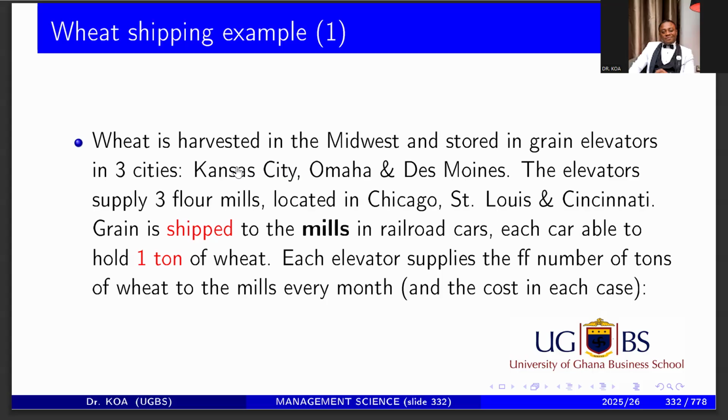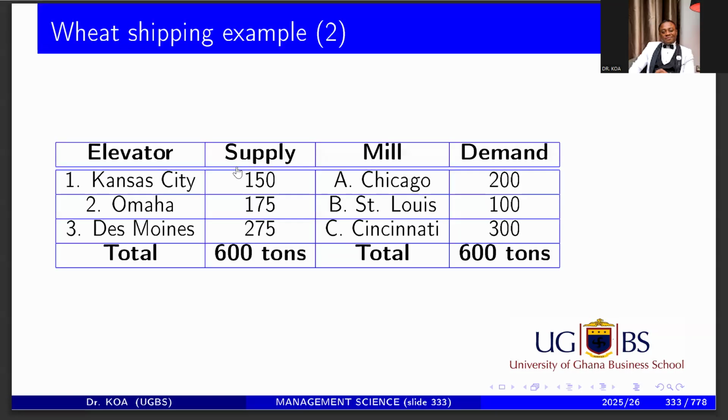Each of them can carry 1 ton of wheat. The elevators supply the following tons of wheat to the mills every month at a specific cost. So Kansas City supplies 150, but this 150 will go to Chicago, St. Louis, or Cincinnati. We don't know which one yet. Omaha supplies 175 tons.